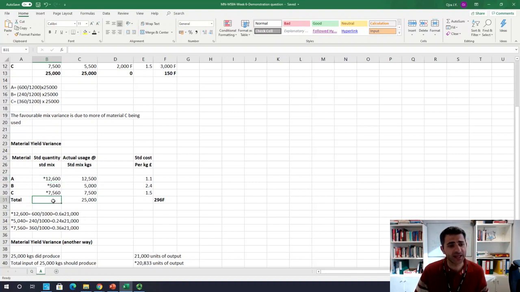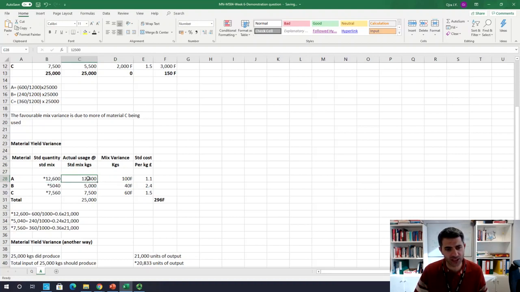Once you've done this, you've almost done all the material yield. You just need to find the difference between this and this. Here the difference is 100, but it's favorable, because the actual usage at the standard mix is less than the standard quantity at the standard mix.